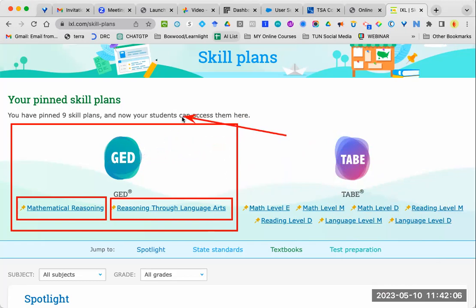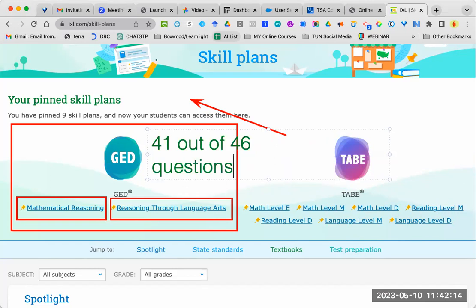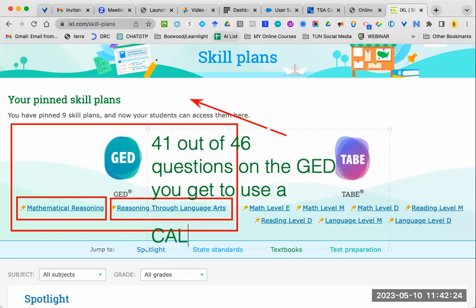Also, I'm going to type something over here. Here come the big letters. There are only 5 questions on the GED math test where you can't use a calculator, and those are the first 5 questions.